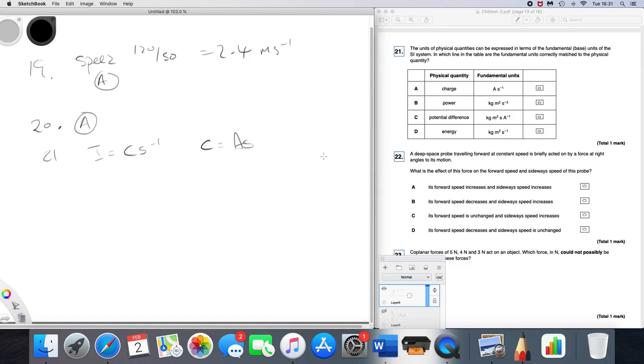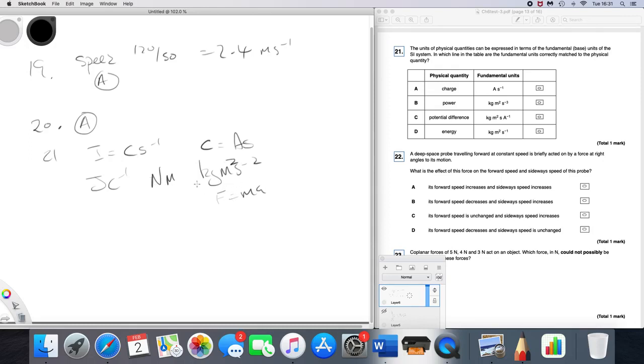Potential difference. Well, let's look at this then. Potential difference is joules per coulomb. Joules would be newton meters, 1 joule being the work done by 1 newton moving its point of application through a distance of 1 meter. And newtons are kilograms meters per second squared from F equals ma. So we've got kilograms meters per second squared times meters, kilograms meters squared per second squared.